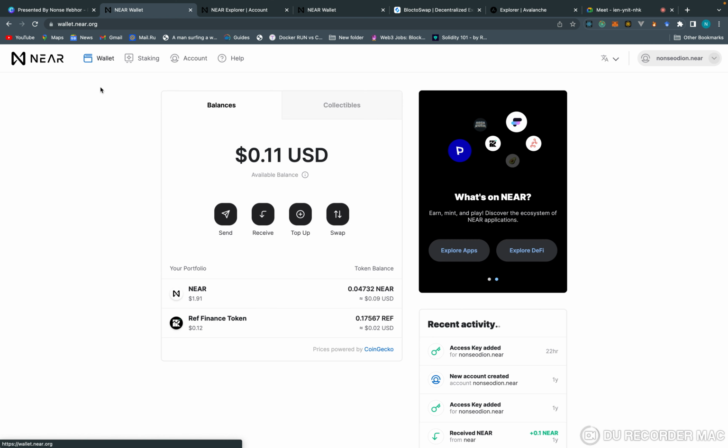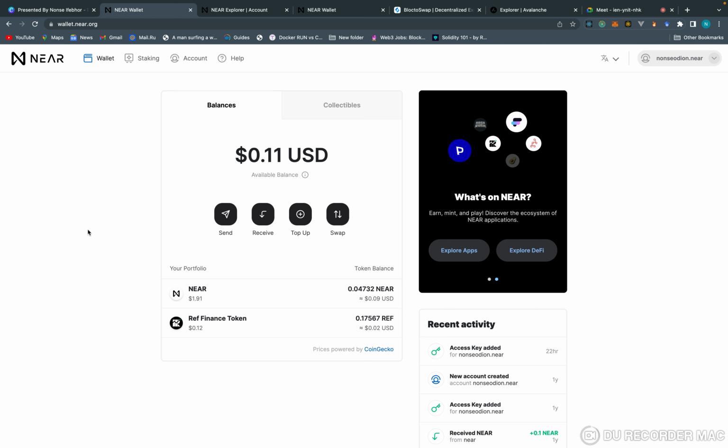You can send a transaction interacting directly with the protocol and tell it that you are sending a transaction to nonce.near, and it will understand. But if you are interacting with Ethereum and say you are sending a transaction to, let's say, nonce.eth, the Ethereum protocol won't understand what you are saying, because ENS names are built as applications on top of Ethereum. They are not embedded in the Ethereum protocol.